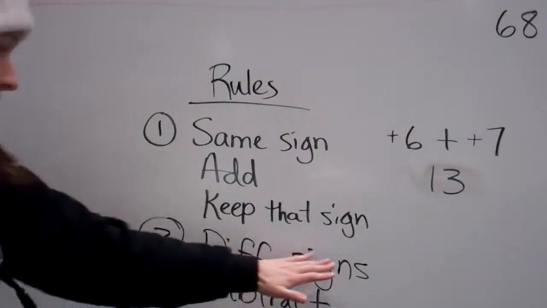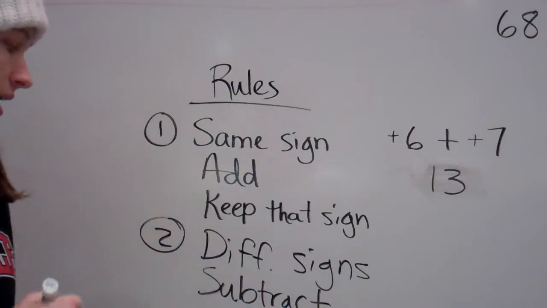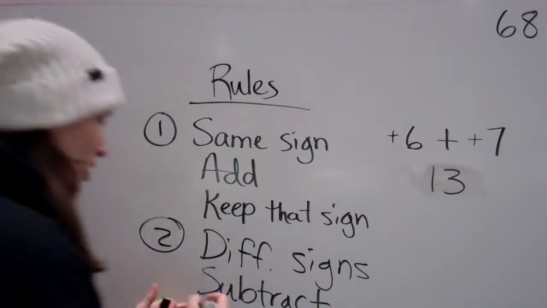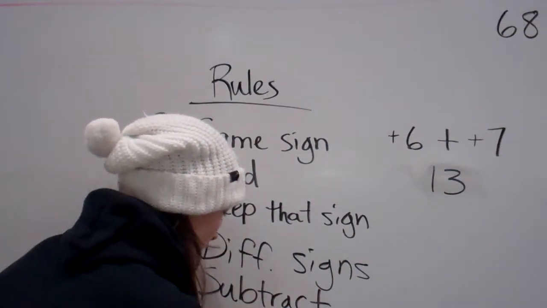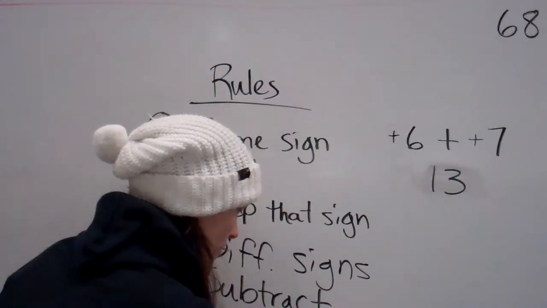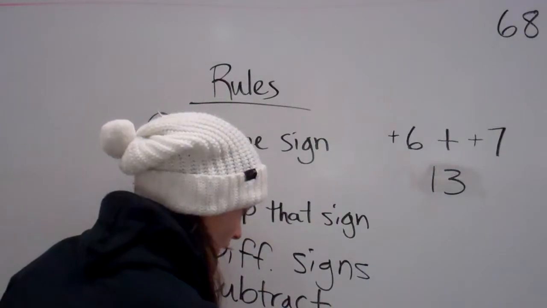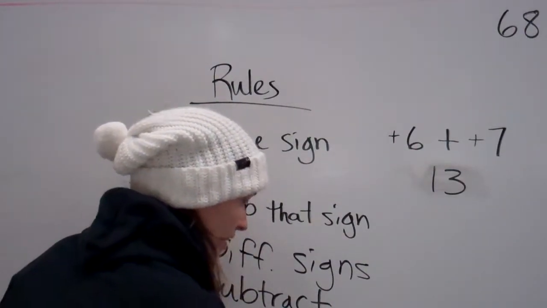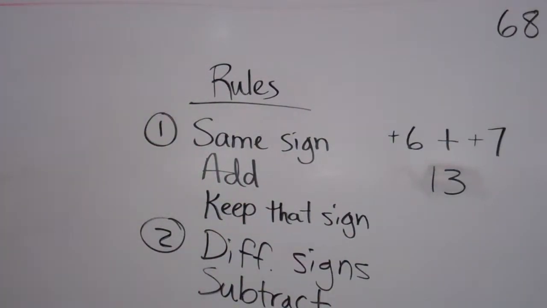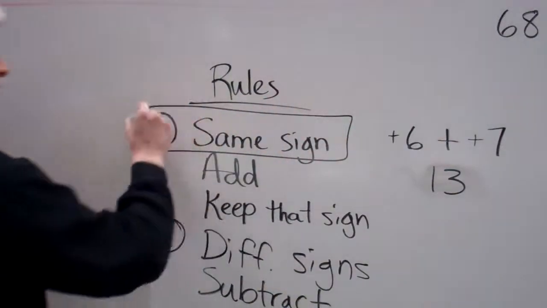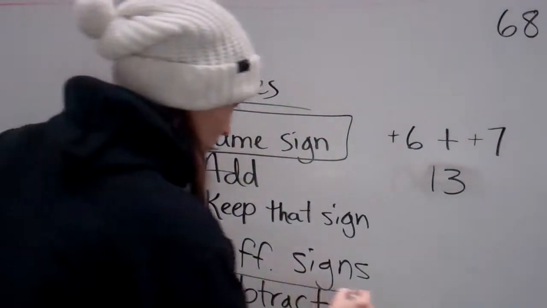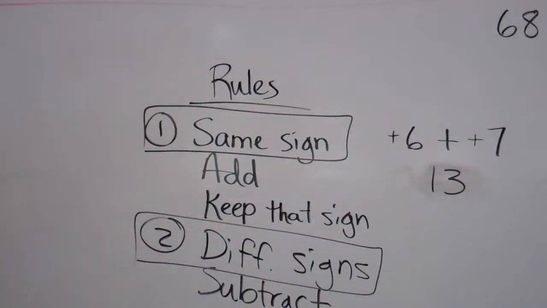So if we have different signs, we're going to subtract, and then we're going to take the sign of the biggest number. All right, for example, let you go in and write that down. So the first rule applies if you have the same sign. The second rule applies if you have different signs.